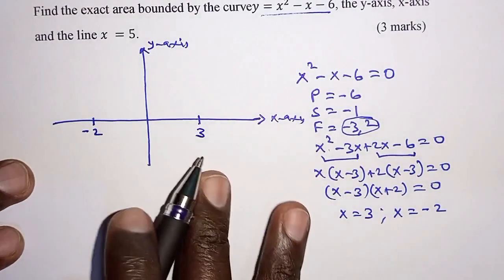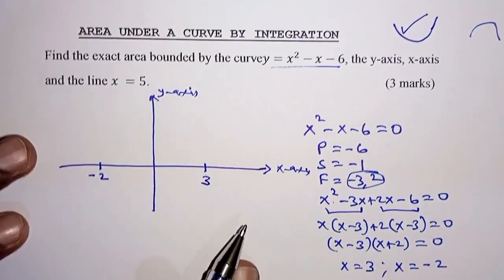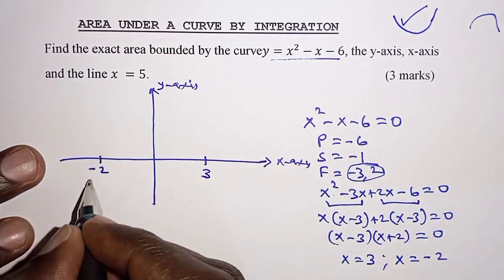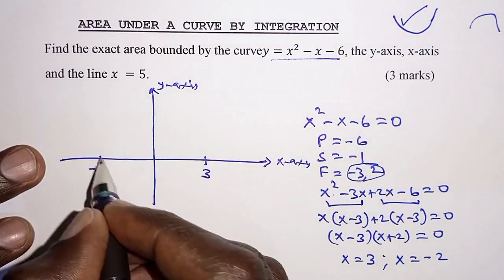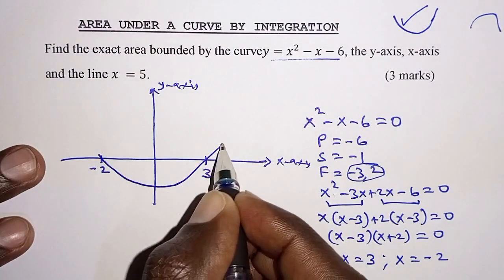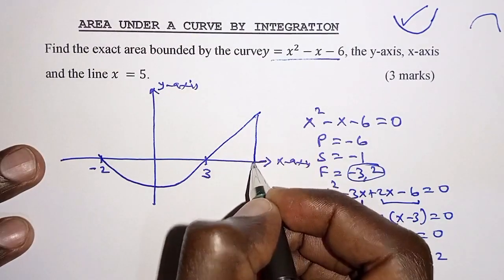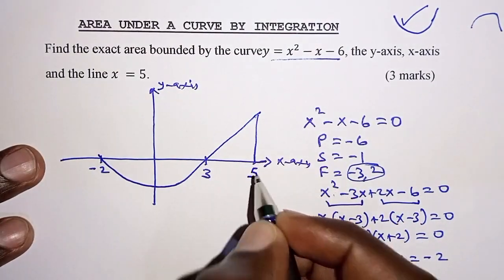And remember, the range has to go up to line x is equal to 5. So from negative 2, we'll have it as such. And then that leads us to line x is equal to 5.